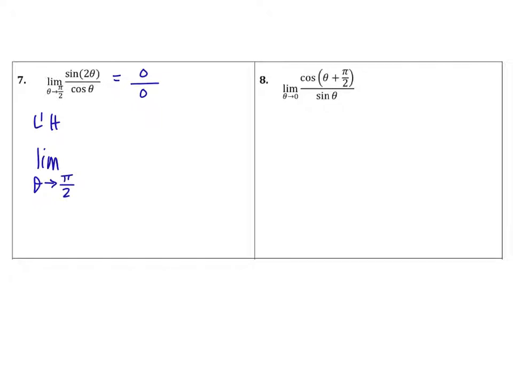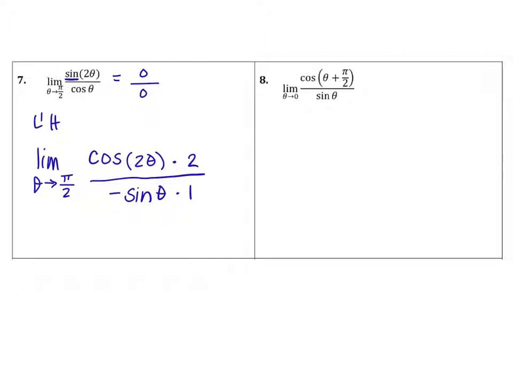And we're going to do the derivative of sine of an angle is cosine of that same angle times the derivative of the angle. And then the same process in the bottom, derivative of cosine is going to be negative sine of the angle times the derivative of that angle. And now we're going to substitute in.